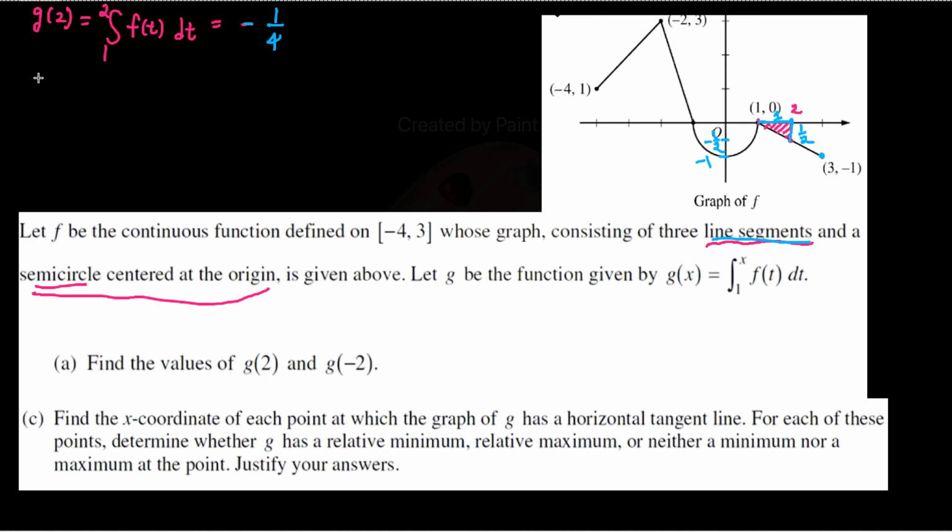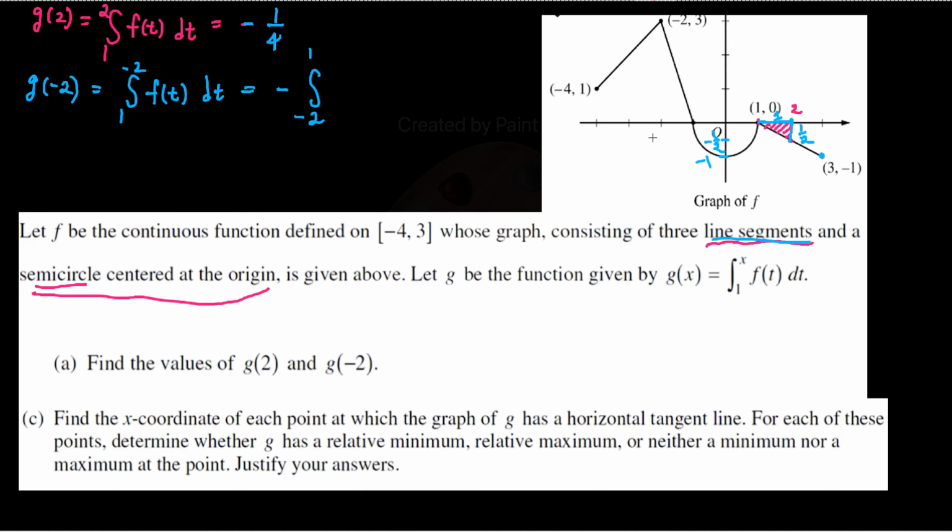That's to start. Now, g of -2, you need to know a little bit extra for g of -2. Using the definition, I go from 1 to -2 of f of t dt. And then the little bit that makes it easier is you could start computing by going backwards from here and just knowing that it's going to be negative. I think it's easier if I write it as negative and swap the bounds because I don't like integrating backwards.